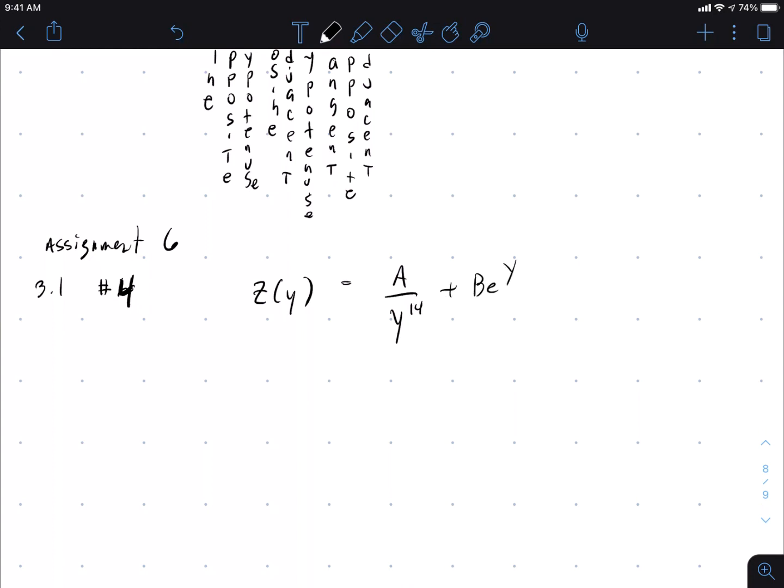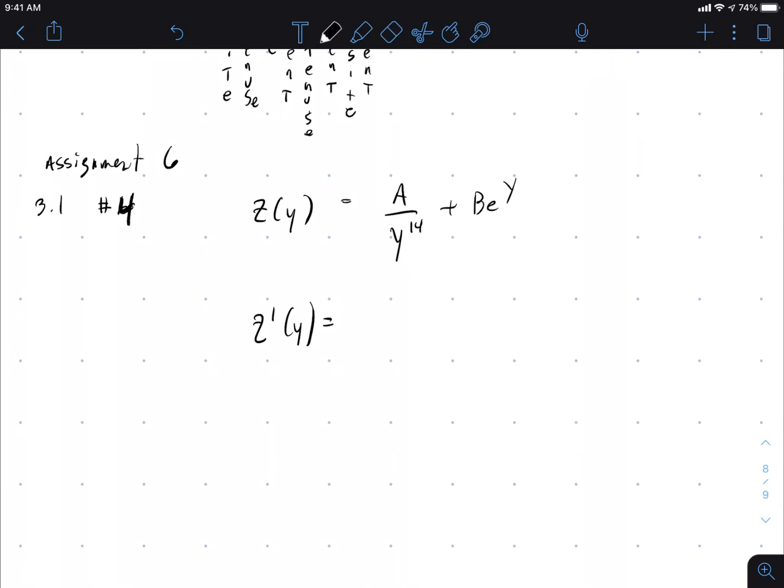Now, the giveaway on this problem is this. See how it's saying z of y? Since it's talking about z of y, we're taking the derivative with respect to y. Okay? So my z prime of y is going to be negative 15 y to the 15th a.